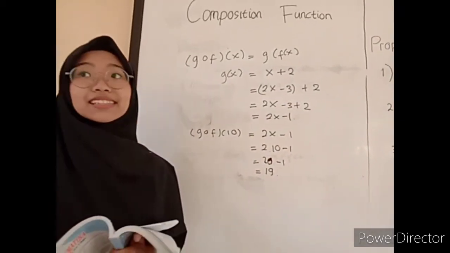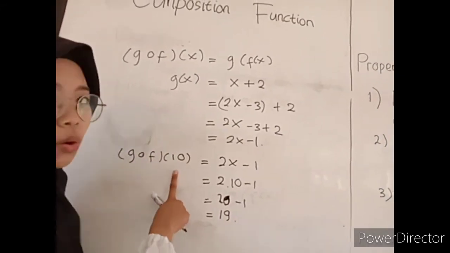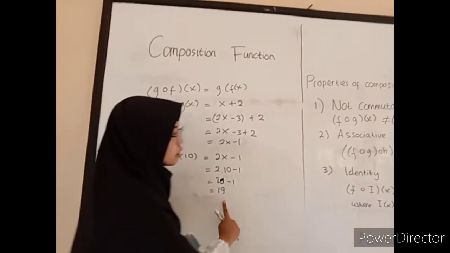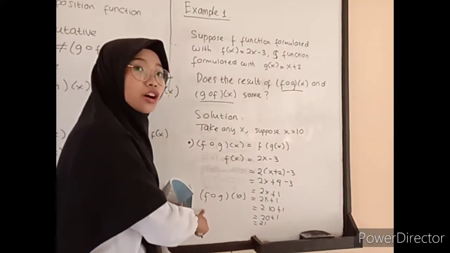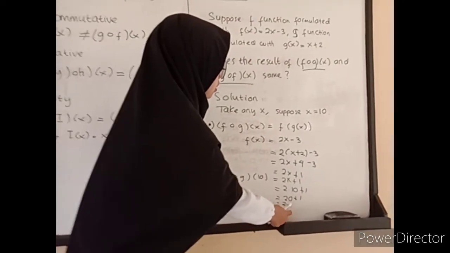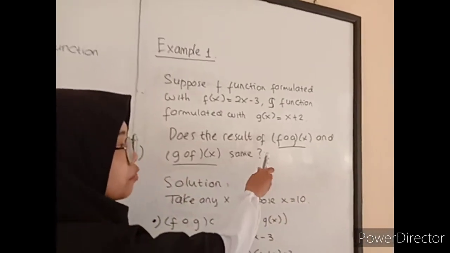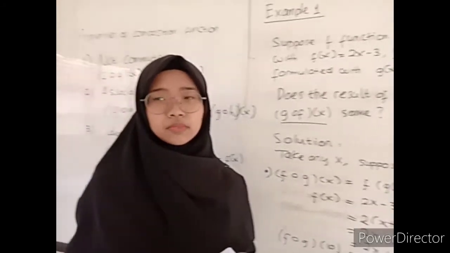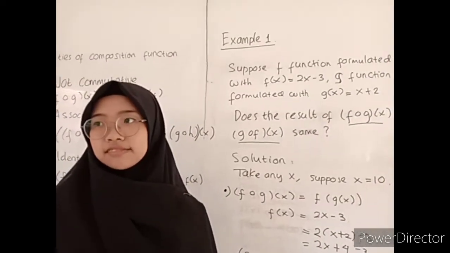So we can see that g from f with x equal 10, the result is 19, but for f from g with 10 it is equal to 21. So are the results of f from g(x) and g from f(x) the same? It's not the same. The result is different.